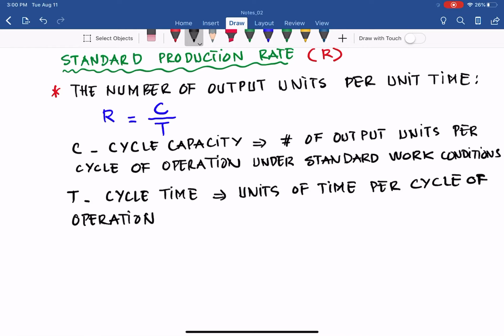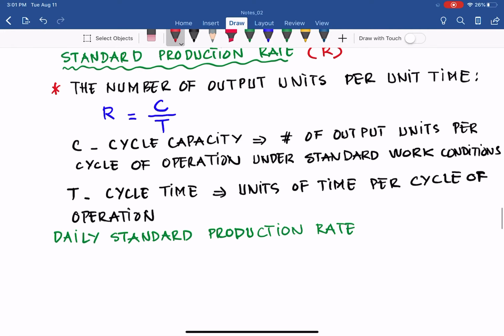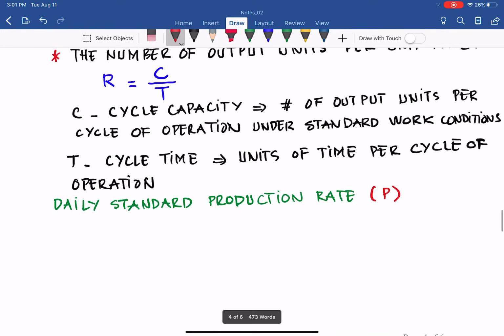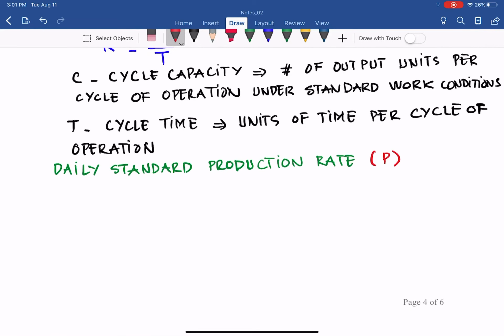From here we can find out the daily standard production rate, and that is measured by P. For P here, it is very simple: it depends on how many hours you work per day.